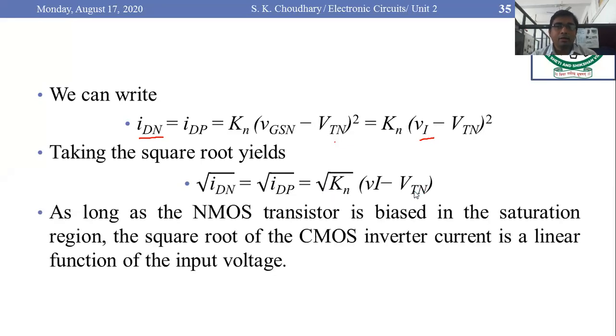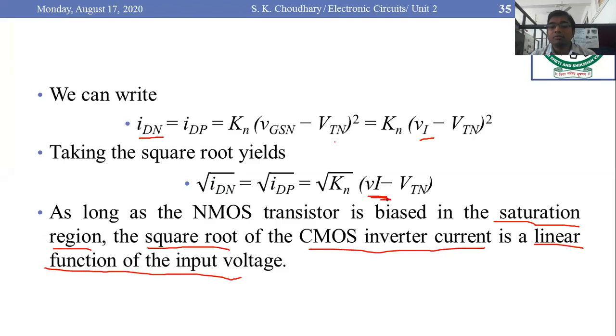Now you can see that as long as your NMOS is biased in the saturation region, the square root of the CMOS inverter current is a linear function of input voltage, means A and B region.